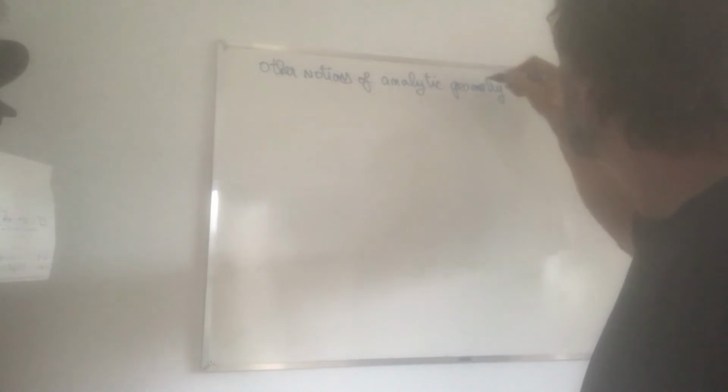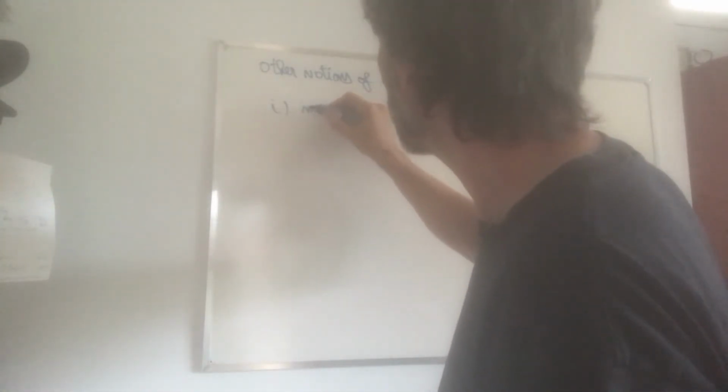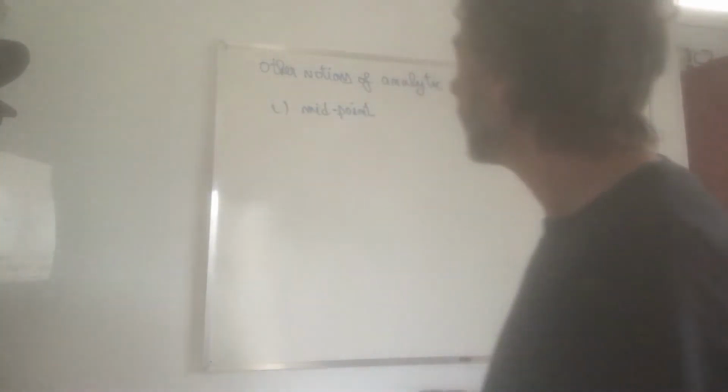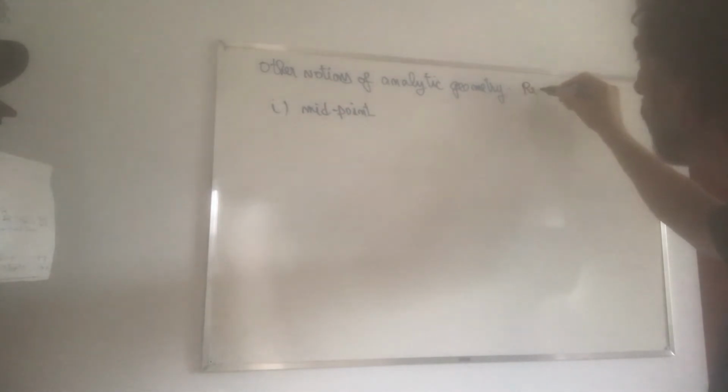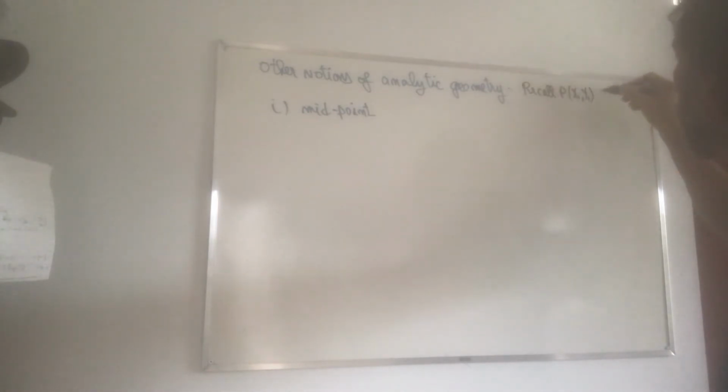Well, we can talk about several things. The first one is the midpoint. Let's recall the points that we had before. Recall that we had P to be x1, y1, and we had Q to be x2, y2.